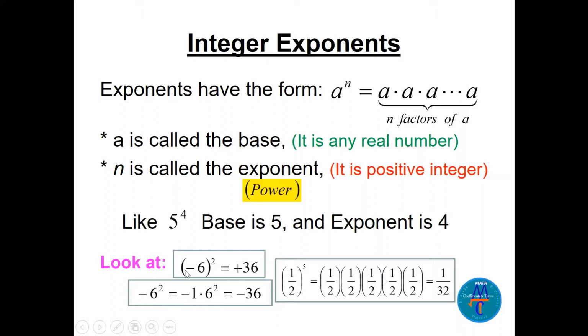If you have a bracket, minus 6 all squared, which means minus 6 times minus 6. So here the answer is plus 36, and here the answer is minus 36. Be careful. Now, 1 over 2, which is half, to the power 5, which means half times half times half times half times half, 5 times, is 1 over 32 also. You can see that it is a positive number.